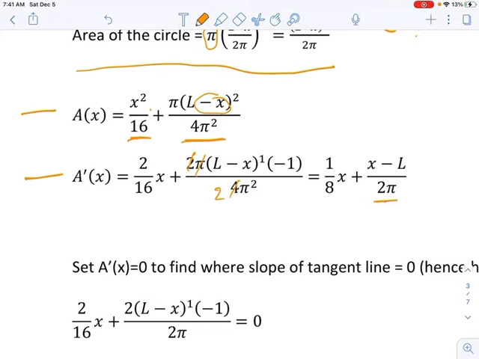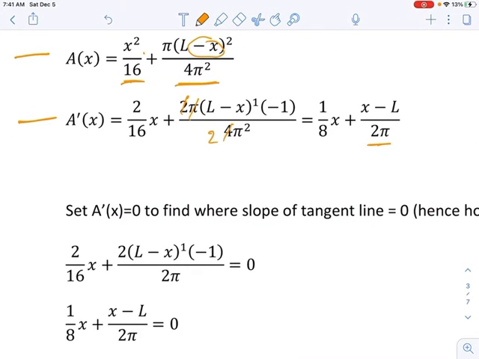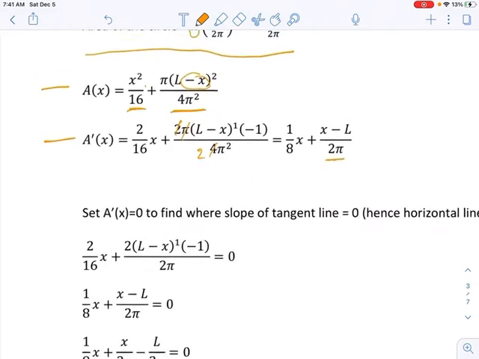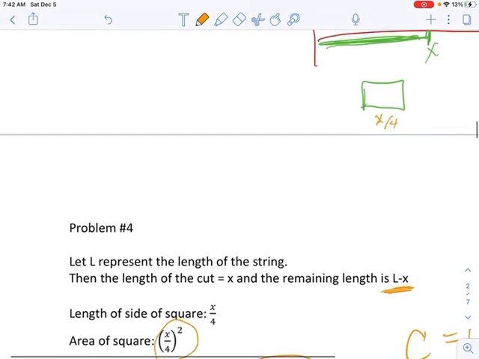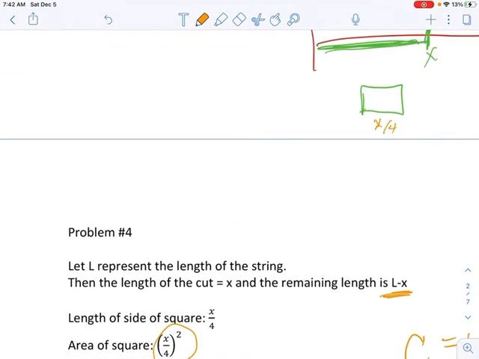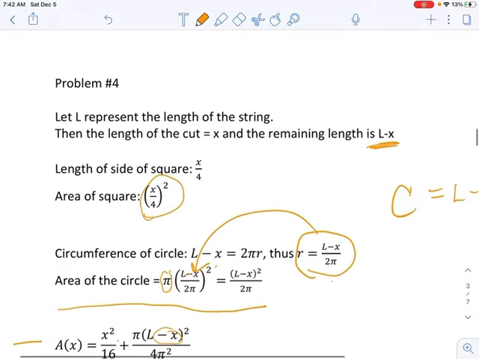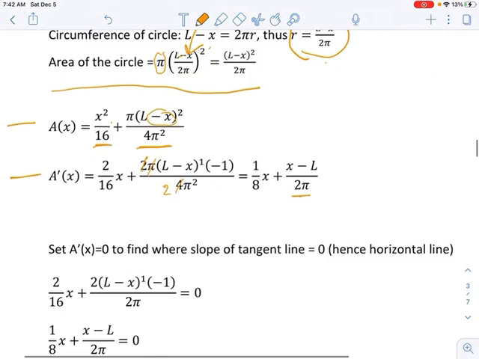We usually want to set it equal to 0, so we want to figure out where. So hopefully this is some function that has a maximum somewhere within this interval. So we can find the length of this x that gives the largest area.